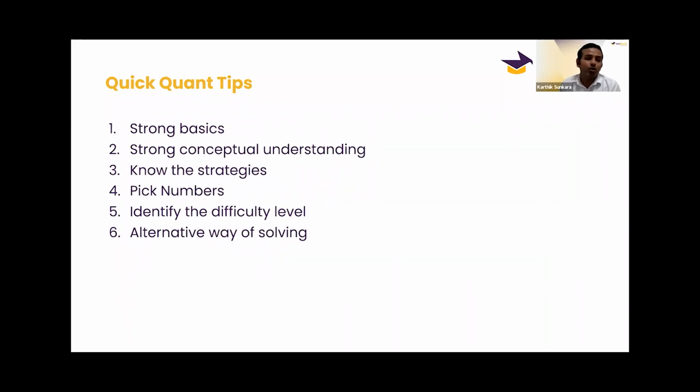There are some concepts which are easy to understand, but we have to make sure that we are strong in at least those basics. If you're strong in the basics, then you can get a score of 130 to 150 out of 170.